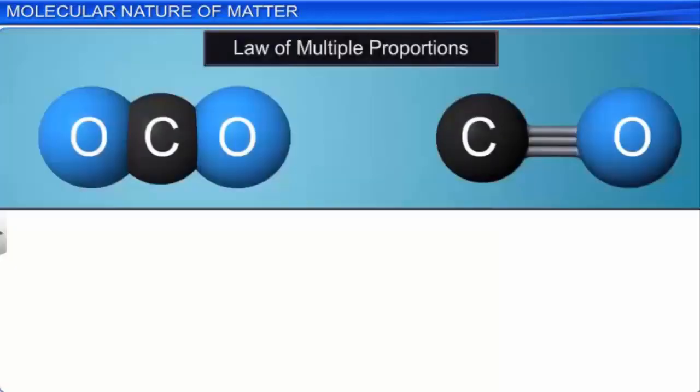If M1 is the mass of oxygen that combines with m units of carbon in carbon monoxide, and M2 is the mass of oxygen that combines with m units of carbon in carbon dioxide, then, according to the law of multiple proportions, the ratio M1 to M2 is a simple ratio of small integers.